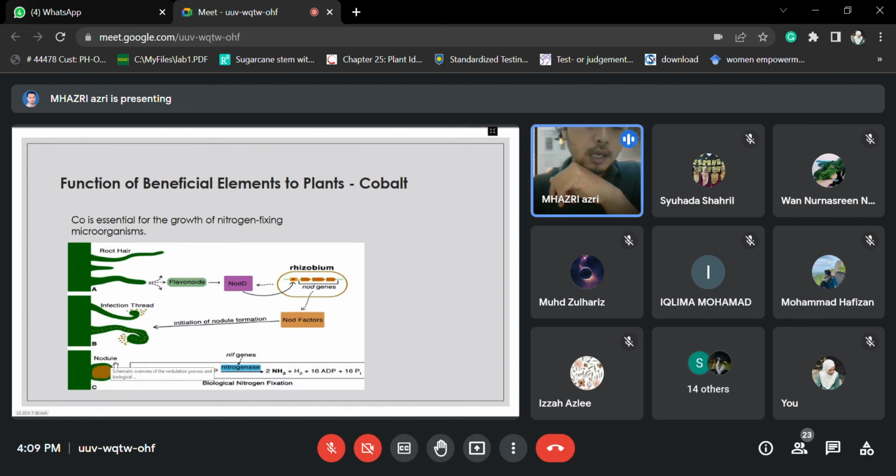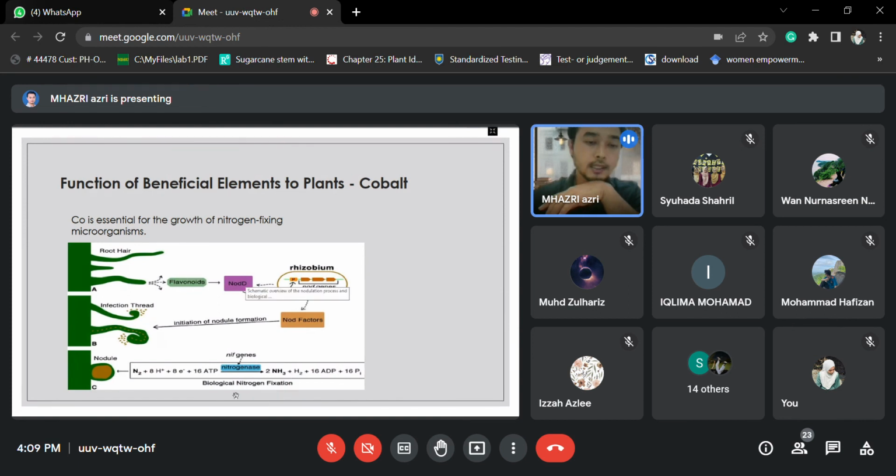Okay, apa itu nodules? Nodules adalah bahagian akar dekat legumes tu yang membengkak macam bentuk bulat-bulat ke kacang. Okay, sebenarnya tak ada kacang dalam tu, tapi ada microbes. Okay, rhizobiums yang dah membiak. So dalam nodules ni lah tempat untuk convert the atmospheric nitrogens into nitrates or ammonia.